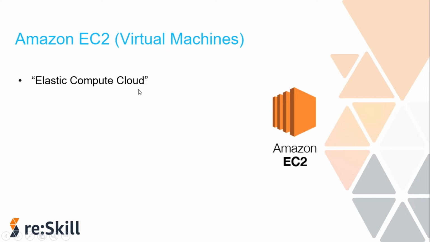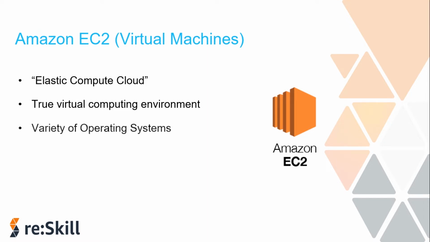And cloud refers to the fact that EC2 instances that you run are hosted in the cloud. So that is there in the name of the EC2 instance. EC2 represents a true virtual computing environment, allowing you to use the web service interfaces to launch instances with a variety of operating systems, load them with your custom application environment, and manage your network access permissions and run your image using as many or few systems as you desire.